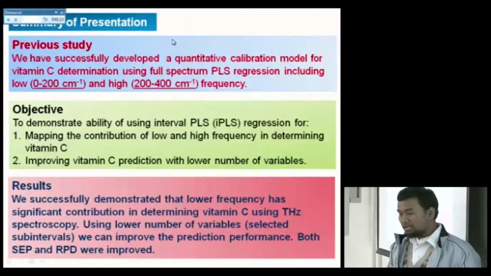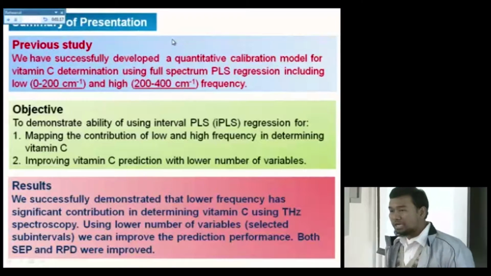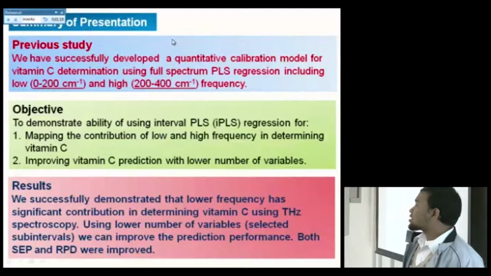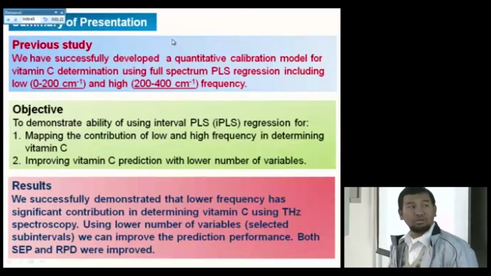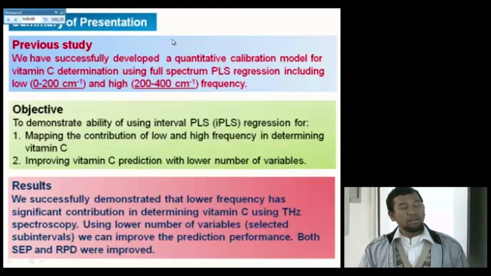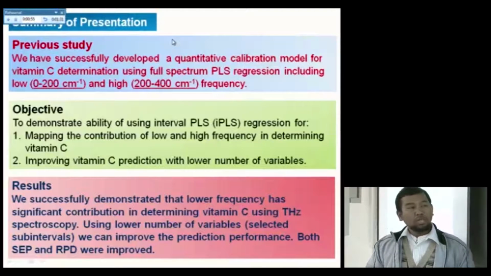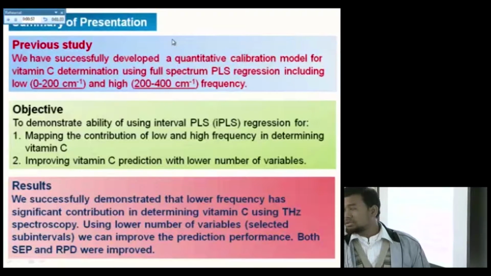So why do we use iPLS? By using iPLS, we can obtain two objectives. First, we can show the mapping of the contribution of high and low frequency in determining vitamin C. And then we can also improve the vitamin C prediction with a lower number of variables.